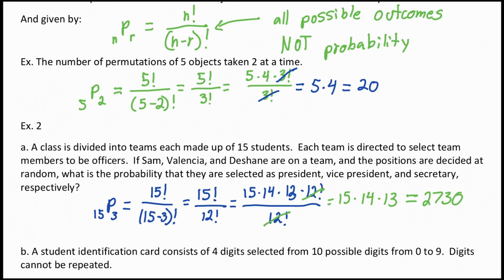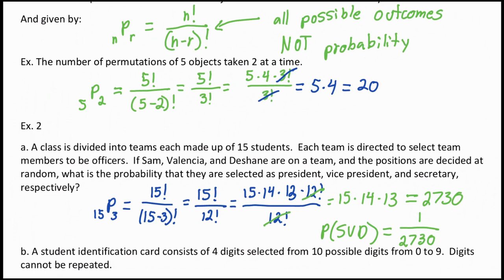They're saying, no, Sam has to be president, Valencia has to be vice president, Deshawn has to be secretary. Do we understand that? So there's only one outcome in which we are favorable here. So that means that the probability of Sam, Valencia, and Deshawn becoming president, vice president, and secretary is going to be 1 out of 2,730. So again, permutations are not probability. That's why we need to be careful there. All right. Are we okay there?